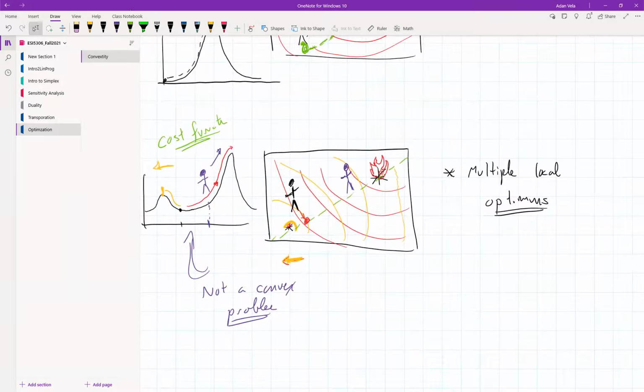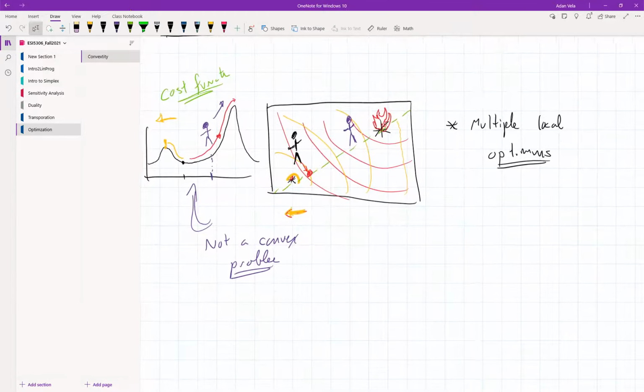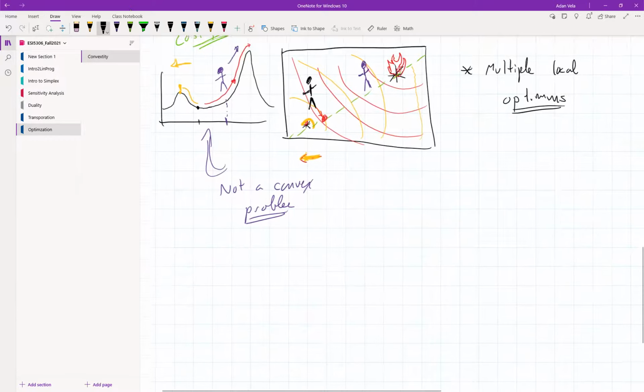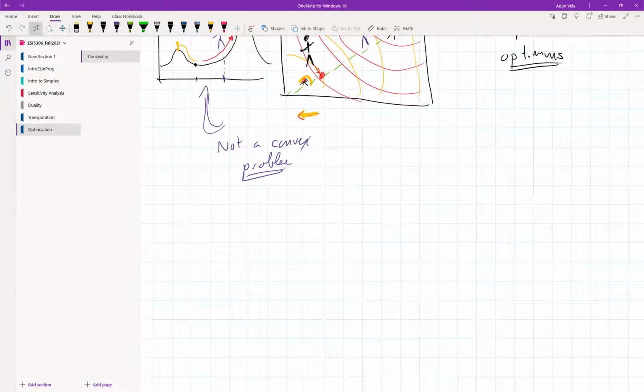Now, there's one other issue that also presents a difficulty for optimization algorithms, in particular computers, to solve optimization problems that have to deal with convexity. And this convexity issue has to do with the constraint space.